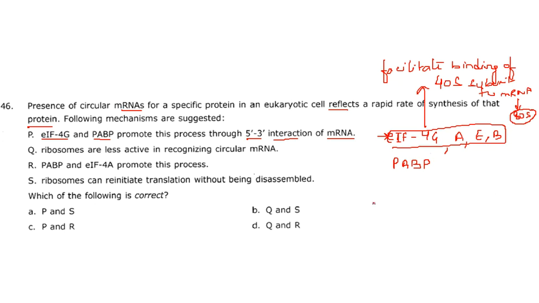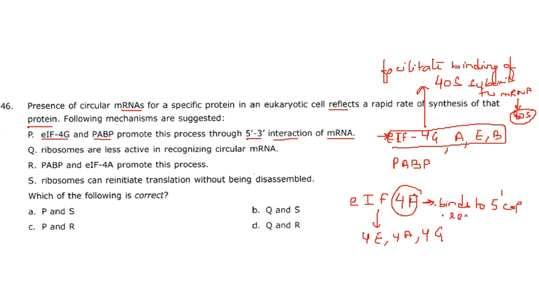So this EIF4F consists of 4E, 4A and 4G. And this EIF4F binds to the 5 prime cap of mRNA, and it helps in the recruitment of the 40S subunit.